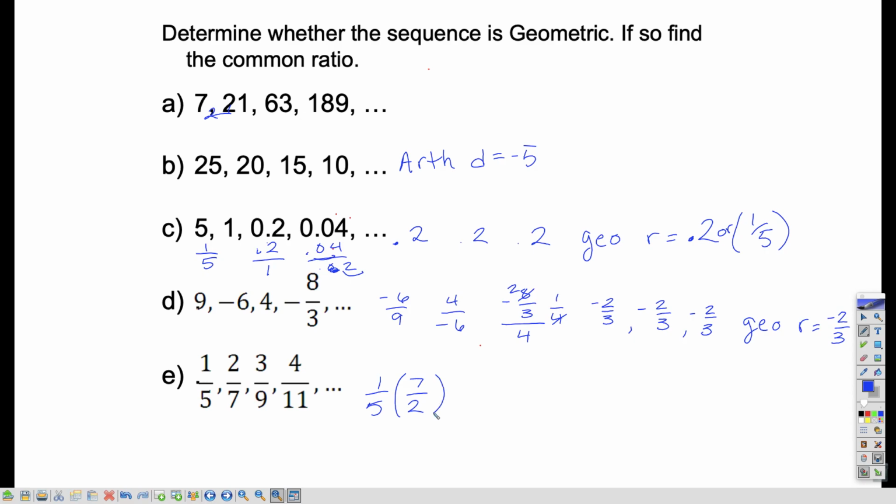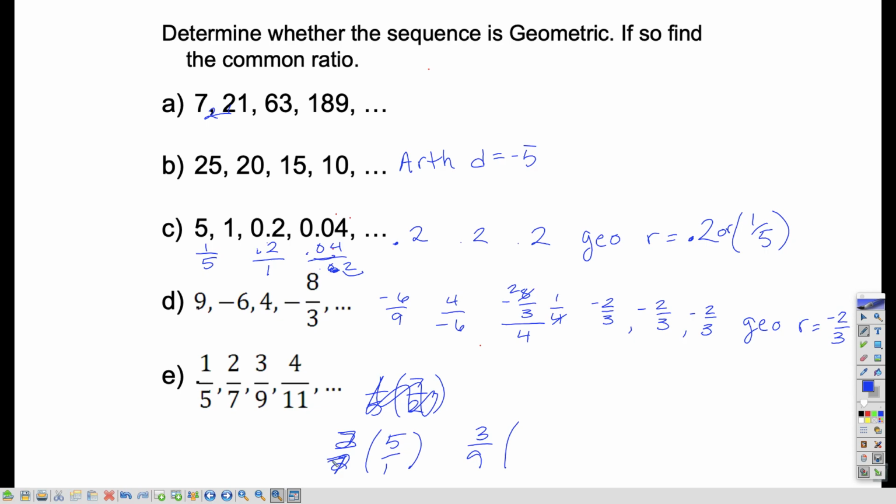Okay, thank you. So I did that one. I have 7/2 divided by 1/5, so that would be multiplied by 5/1. And I would have 3/2 divided by 7/2 or 2/7.